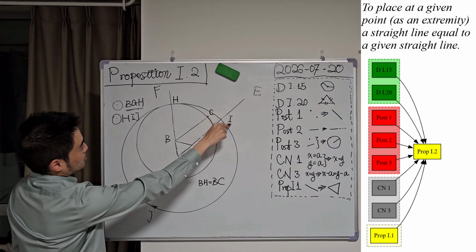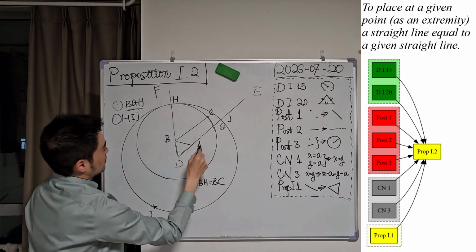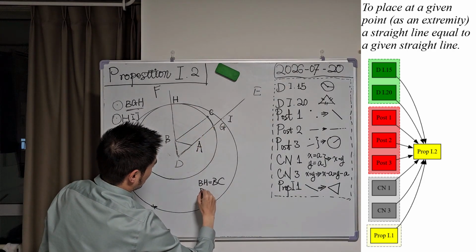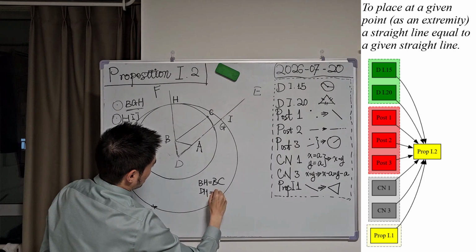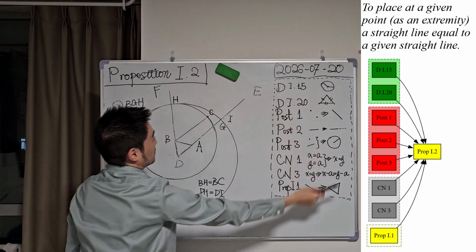And in circle HIJ, we have DI is equal to DH. DH equals DI. All of them are based on definition 15.